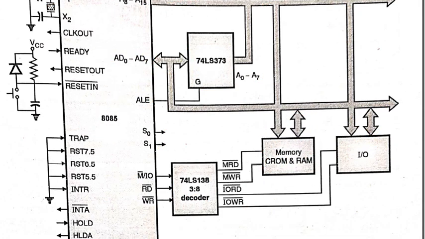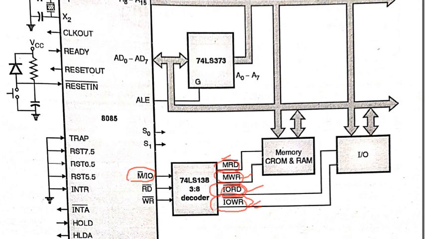This memory and input output operations are active low signals, that's why it is MRD bar, meaning memory read, which is an active low signal, memory write, which is also an active low signal, IORD bar, that is input output read operation, which is active low, IOWR bar, that is input output write, which is also an active low signal.